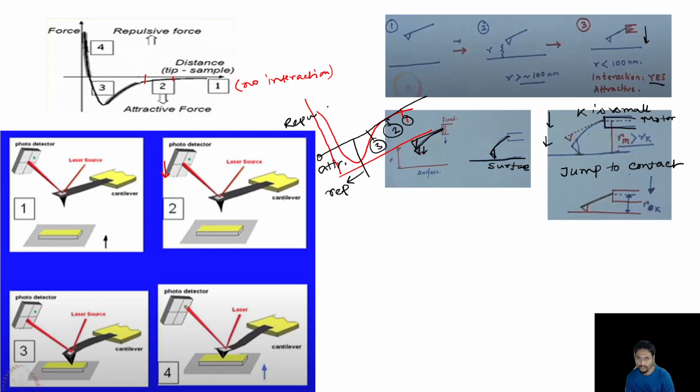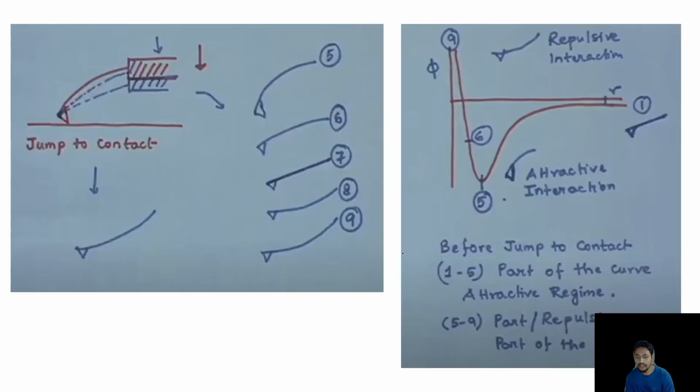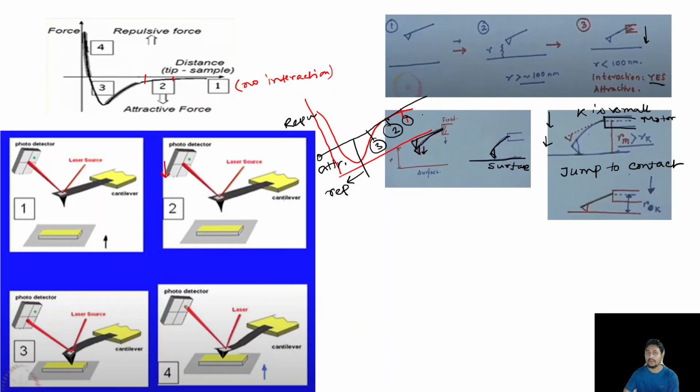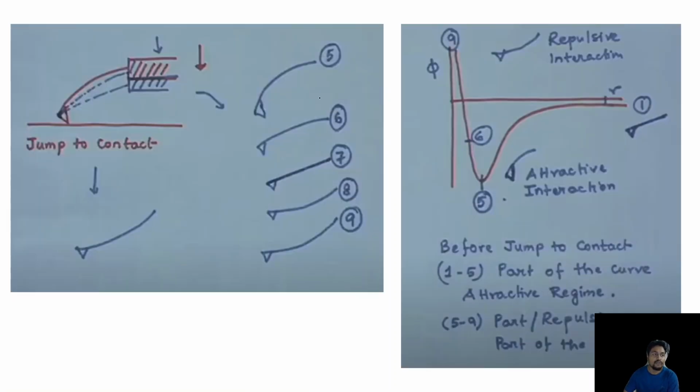Right? So now just try to see, let's say this is my 1, 2, and 3, and then the four position. This is my four position, when it is the jump to contact situation. Then the motor is still going. If we do not stop the motor after the jump to contact and we are still moving this motor, what will happen?